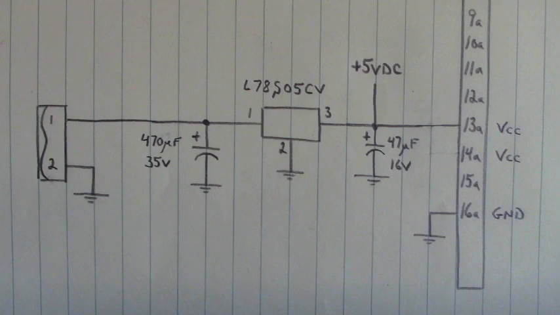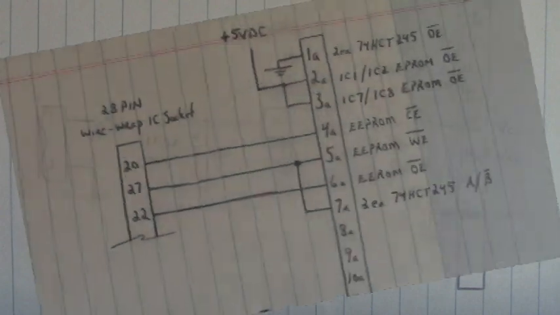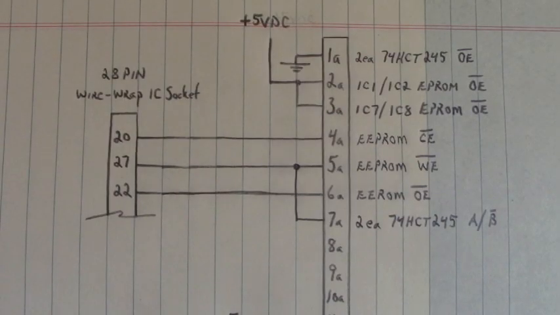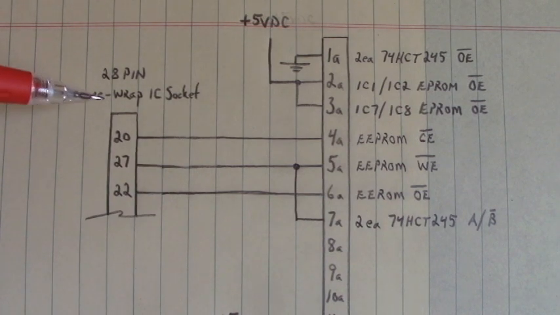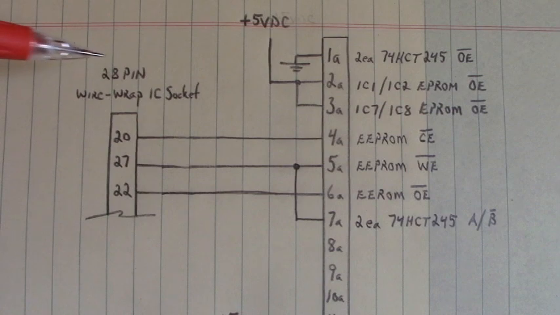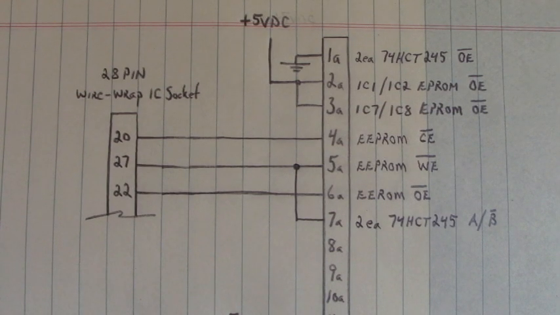Okay, let's go up and we'll look at the write enable, output enable, and chip enable of the EEPROM to the programmer. Now we're looking at, again, the programming adapter. And here for the first time we finally made it here. Here's the 28-pin wire wrap socket.